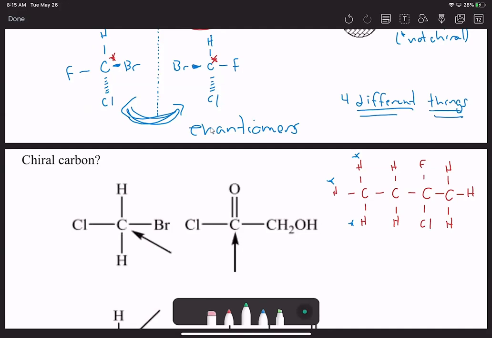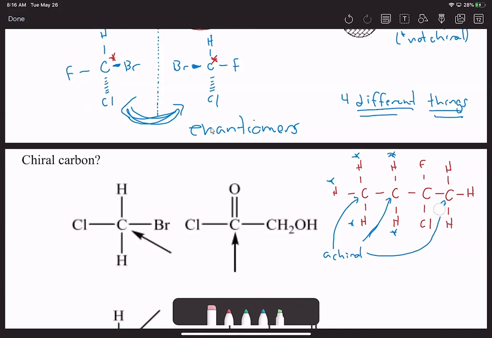I notice already that I have hydrogen, and they're both the same. So that is not going to be a chiral carbon. So here, this is achiral. And this one is also achiral. And this one is also going to be achiral because we see the 3 different hydrogens around there.